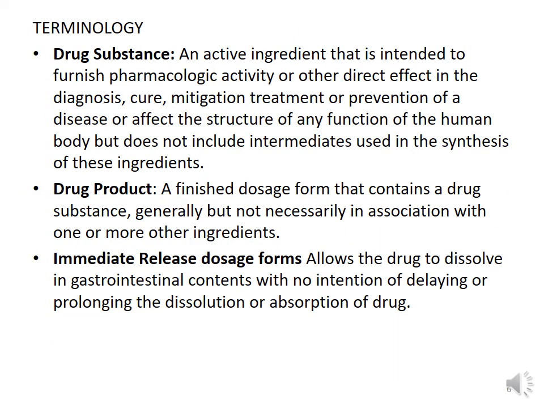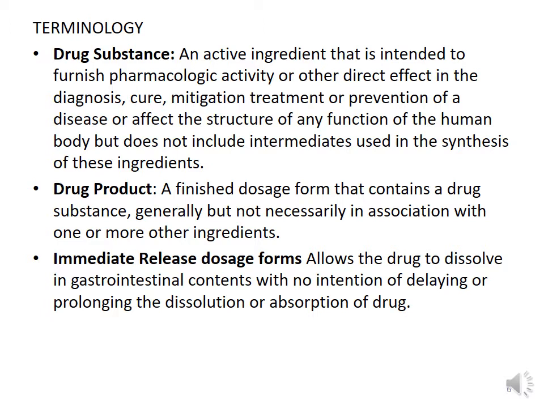In order to understand drug release, students should be familiar with the following terms. Drug substance: an active ingredient that is intended to furnish pharmacologic activity or other direct effect in the diagnosis, cure, mitigation, treatment, or prevention of a disease, or to affect the structure of any function of the human body, but does not include intermediates used in the synthesis of these ingredients.